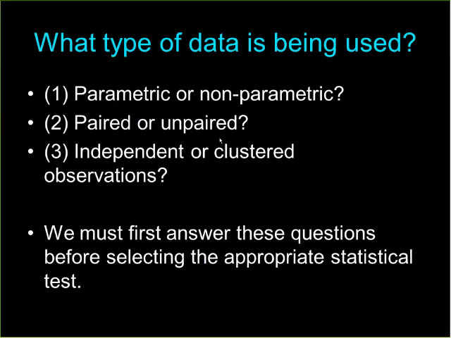There are really three questions I list here, and we'll go through each of these, that we should ask ourselves about the data: Is it parametric or non-parametric, paired or unpaired data, and are we using independent or clustered observations? Once we select that, it leads directly into which test to use.